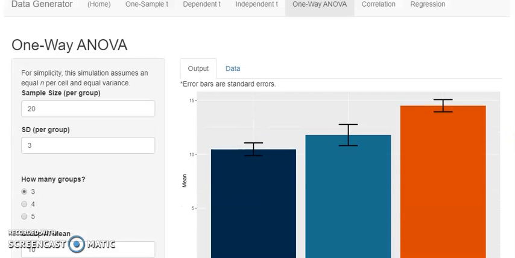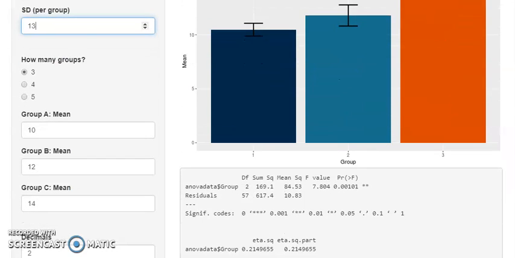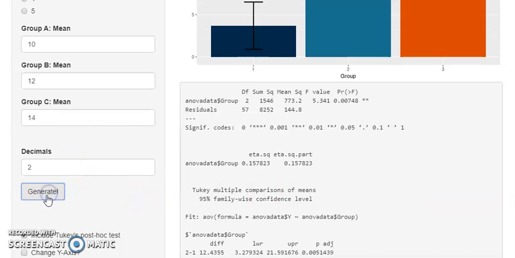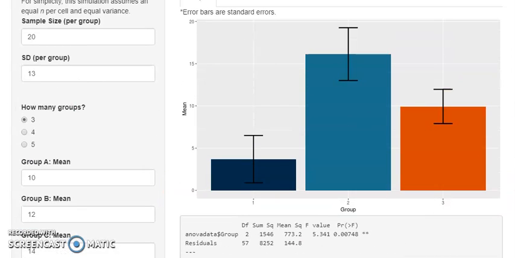All right, I now want to do the same simulation with you, but I'm going to give us a large standard deviation. So we're going to have a standard deviation of 13 per group. All right, and then I'm going to go ahead and keep my means the same, and I'm still going to do the post hoc, and I'm going to set generate. And so now you can see a very different report.